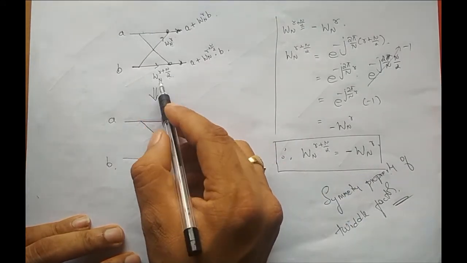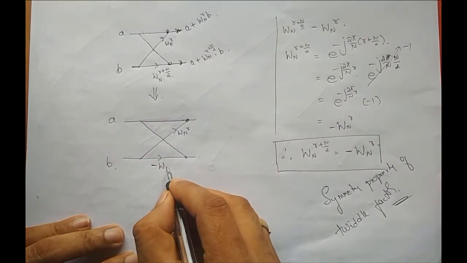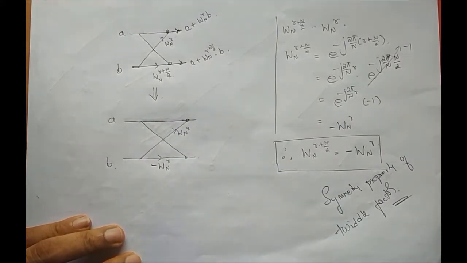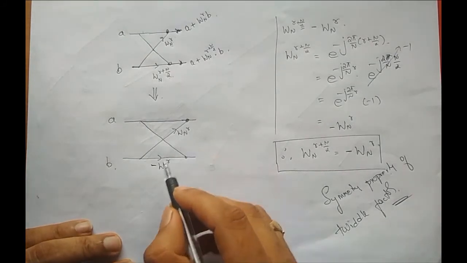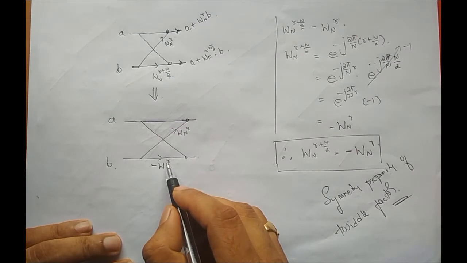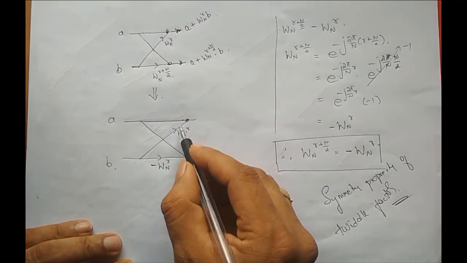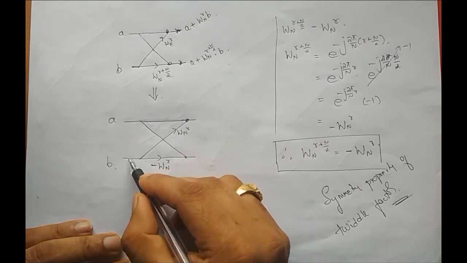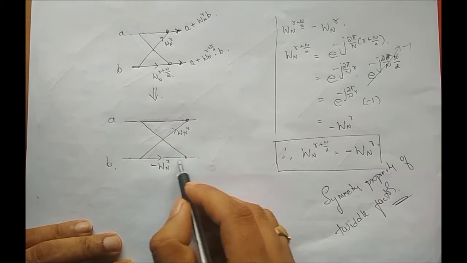Using the symmetry property, I can write it as minus of Wn power r, right? Fine. Now here also I have Wn power r, here also I have Wn power r. So instead of having two twiddle factors, I will take this Wn power r and put it here, so that the same Wn power r goes here as well as here.